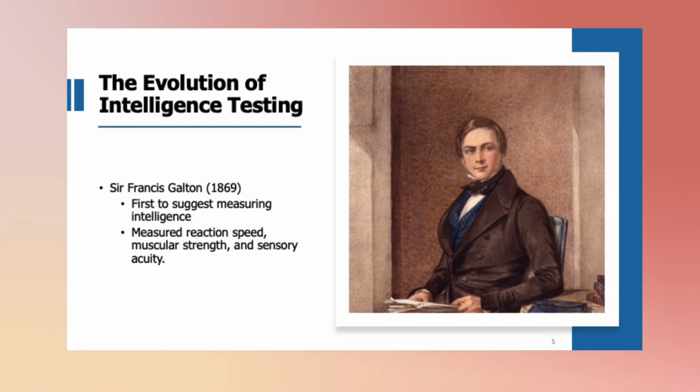He put forth a notion that success runs in families because intelligence is a trait that is inherited. Much like physical traits are inherited, so are mental traits. He developed a very crude mental abilities test based on sensory acuity.